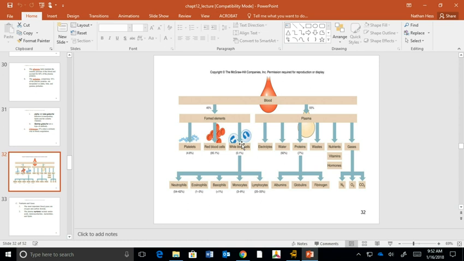The proteins, okay? And again, we're going to talk much more in depth about what these proteins are. The albumins, the globulins, the fibrinogens. If you were looking to see more about that, this is over on page 336 in your textbook.